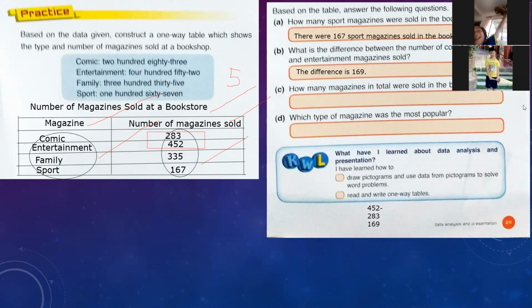Oh my God, we're going to do the scratch paper again. So we're going to add this one: 3 plus 2 plus 5 plus 7. Let me do the scratch paper on the right side of this page. So 283 plus 452 plus 335, correct me if I'm wrong, 167 equals.